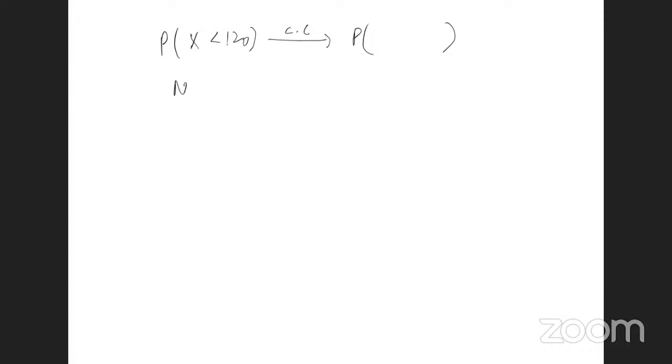X follows a normal distribution of mean 140 and variance 91. I want you to do everything: apply continuity correction, then standardize whatever you get and work it out. Try that fast.